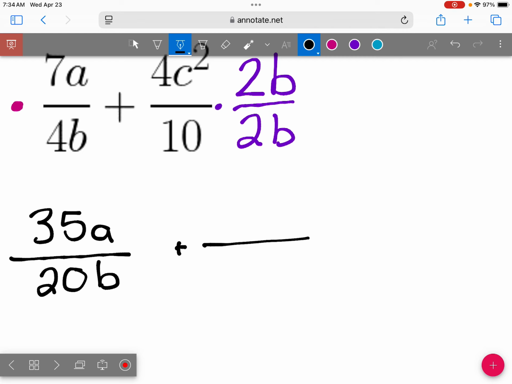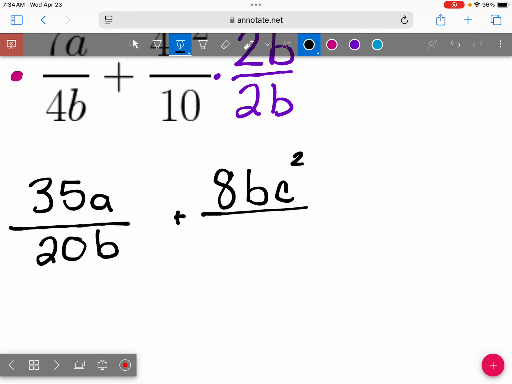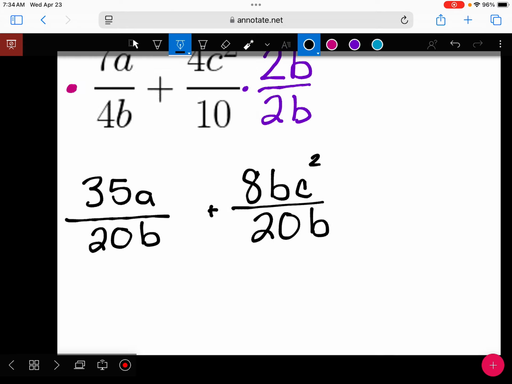So 4 times 2 gives me 8. And you can either write it as c squared b or bc squared. I tend to do that because I default to alphabetical order. But it's not wrong to do it as 8c squared b. Totally fine. And then we're going to have our denominator of 10 times 2, which is 20 times b.